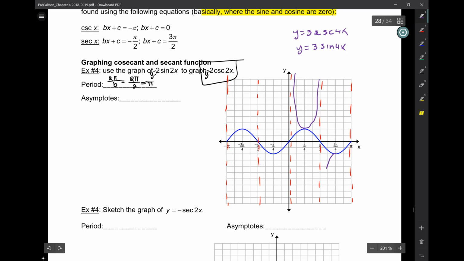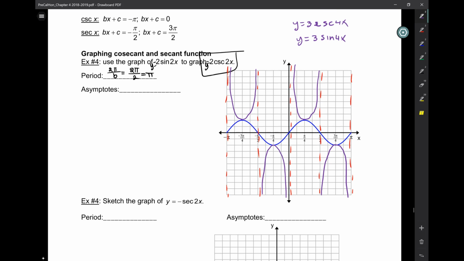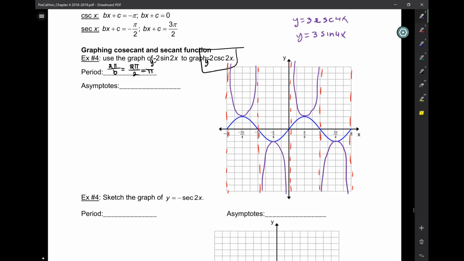It is very important that here at the maxima and the minima, these two graphs are touching. You can't leave a gap in between. I've drawn this over a period of 2 pi, but we'll normally just go with one period.